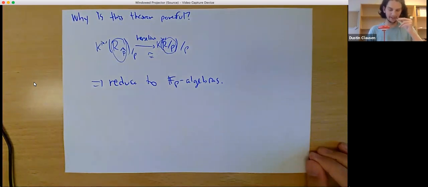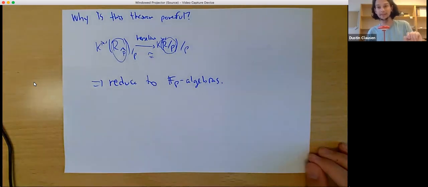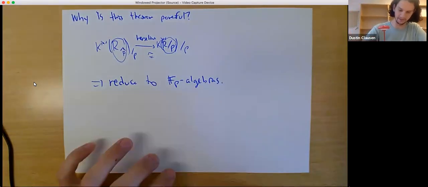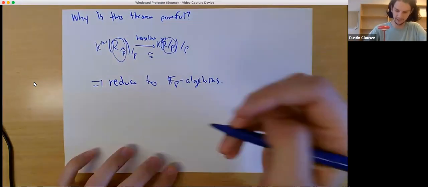Now I want to explain another technique involving the henselization, which will let you reduce the case of FP algebras to the case of smooth FP algebras, which themselves are very close to polynomial algebras over FP, infinitely many variables. And so the subject of earlier results of Geisser-Levine and Geisser-Hesselholt. So here's the trick.